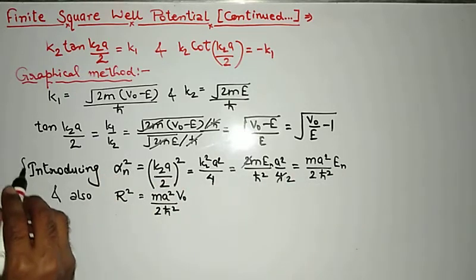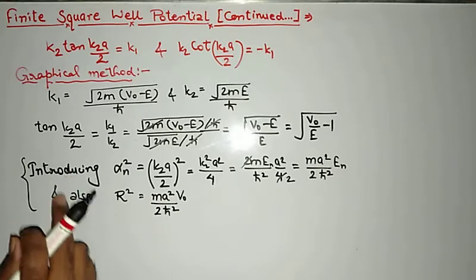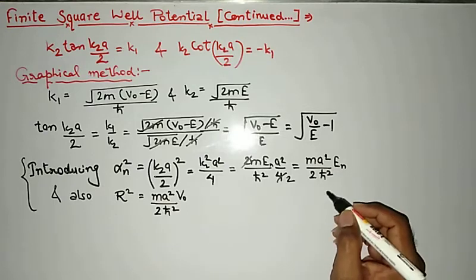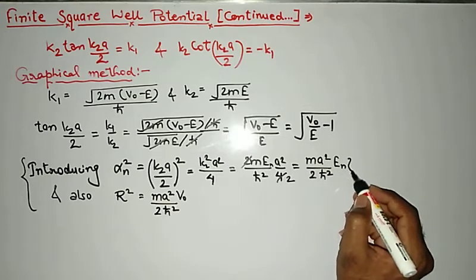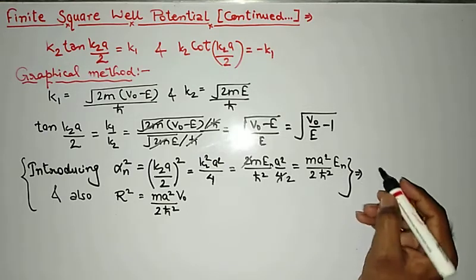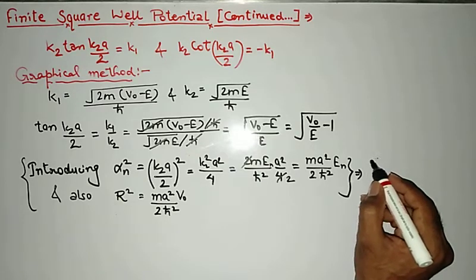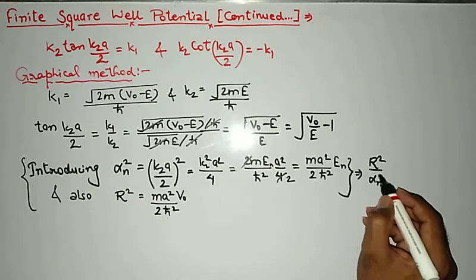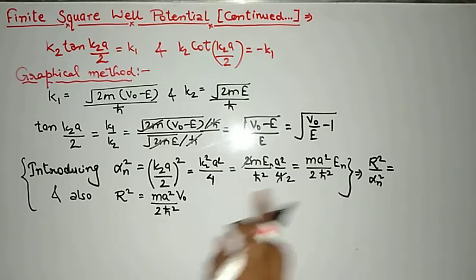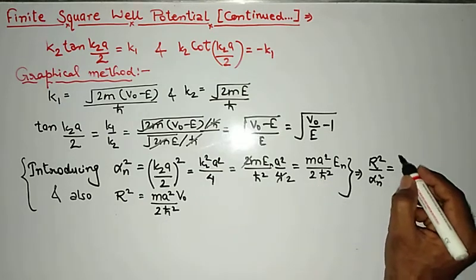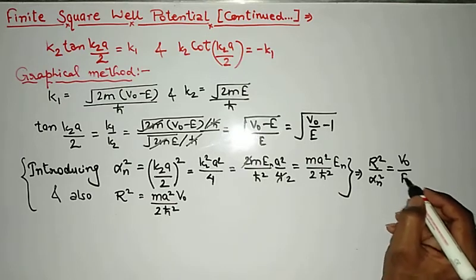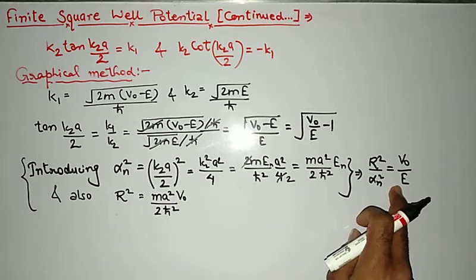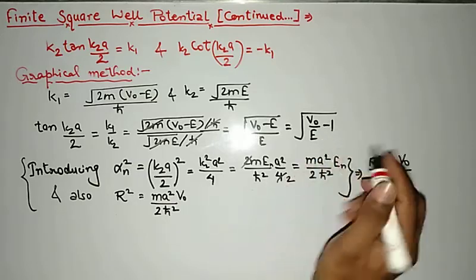This we have introduced. So when we divide these, finding r square upon alpha n square, this by this, what do we get? V naught by E. It means that we can put this value here, V naught by E.